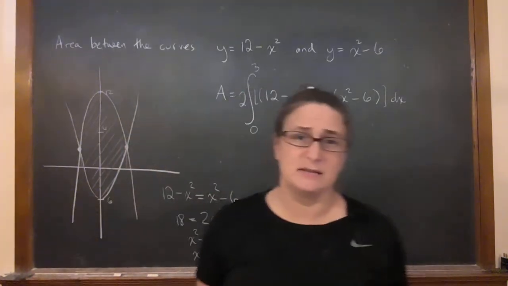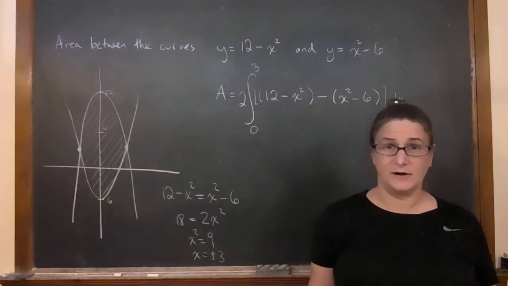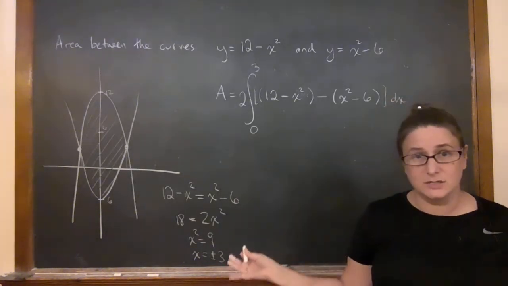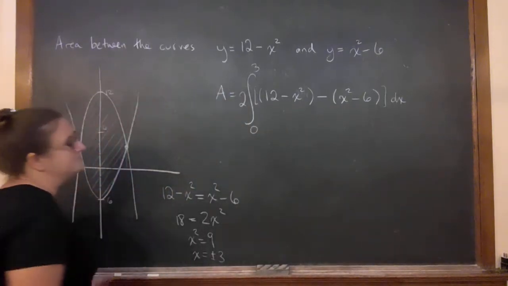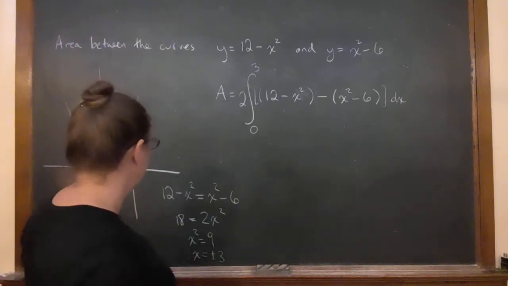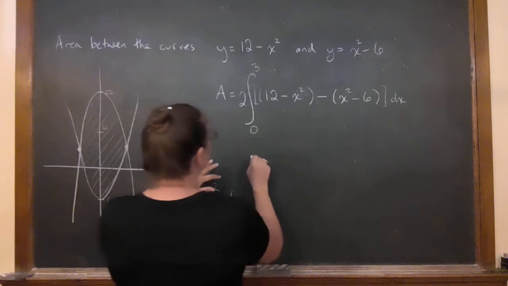And it really doesn't matter which one I use. In this case, I didn't make my life that much easier. Sometimes it does make our lives easier to use symmetry. In this case, it's a pretty simple integral. It's not really a big deal. Okay, so let's go ahead and do this integral.